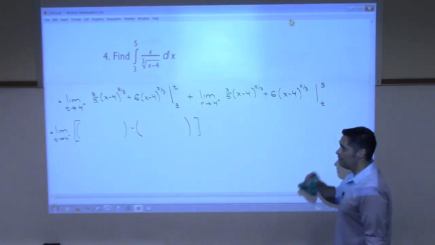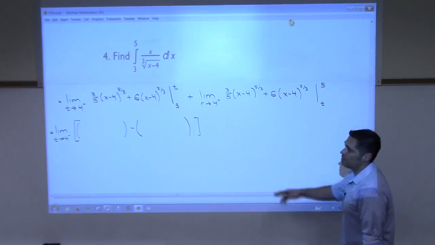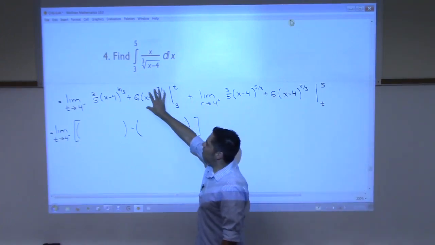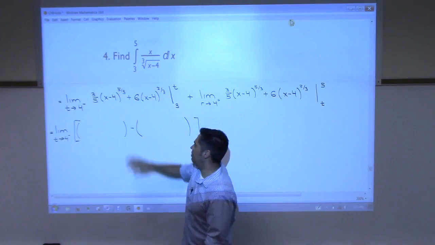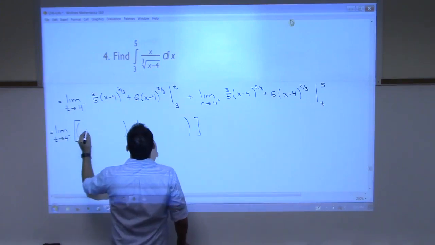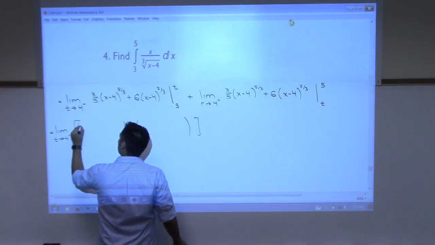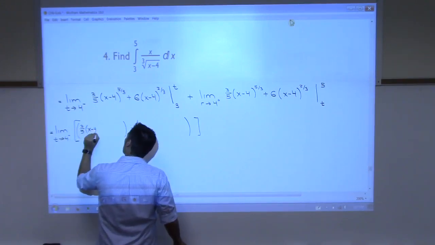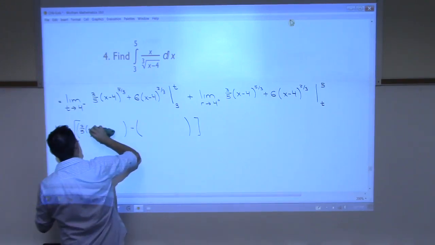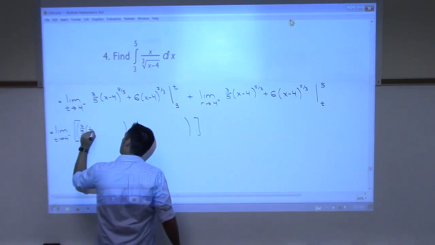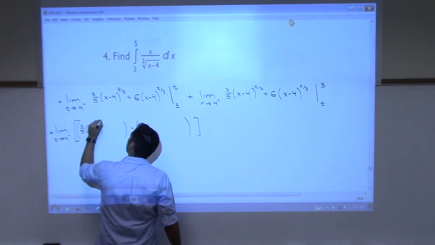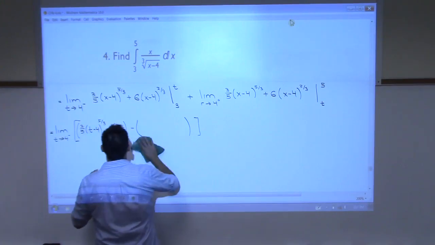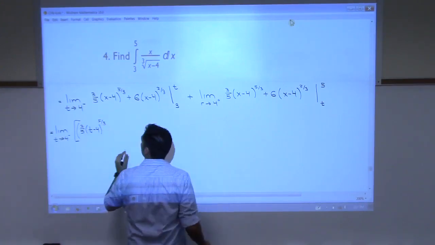See if I can squeeze that in there. First, I'm going to plug in t, right? So I'm just going to rewrite all this, replacing all my x's with t's. Wow, I'm really going to have to squeeze that in here. 3/5 x minus 4, not x, sorry, t minus 4 to the 5/3. I think I'm going to need to erase that.